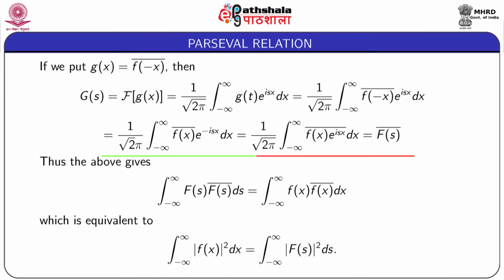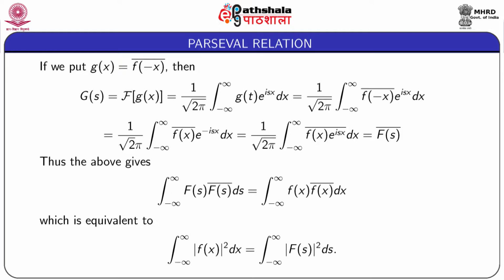So this result can be written as 1 by root 2 pi integral minus infinity to plus infinity of the complex conjugate of f(x) e to the power i s x dx, and that is equal to capital F bar(s). So, we find that capital G(s) is equal to capital F bar(s) if we put small g(x) equal to small f bar(-x).